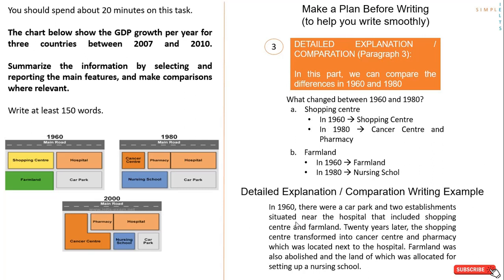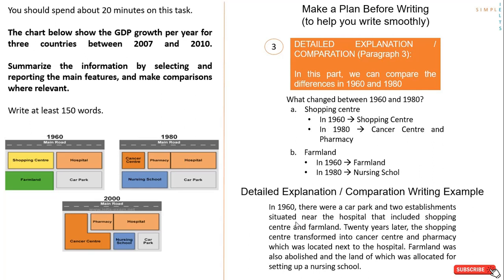In 1960, there were a car park and 2 establishments situated near the hospital. That included shopping center and farmland. 20 years later, well, this is an example of how we use synonyms. We can say in 1980, but to show that we are rich in vocabulary, we can write 20 years later. Okay, 20 years from 1960, which is 1980.